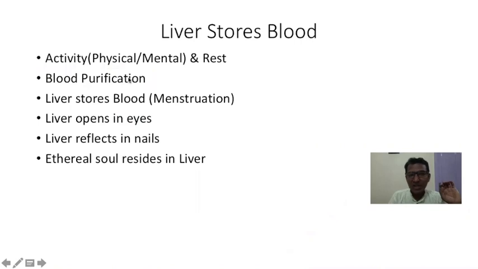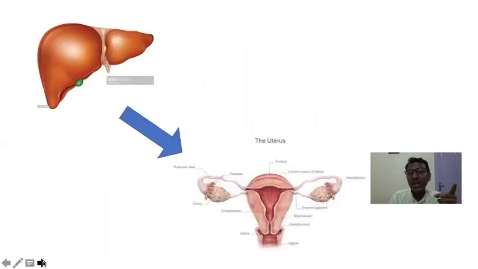So I was telling that the liver stores blood, and it is a very important thing in menstruation. If there is excess menstrual fluid, like excess bleeding happening, what does it mean? That the blood here is in excess. What does it mean? Either there is a lot of heat in that blood, and that is why it is trying to go out.